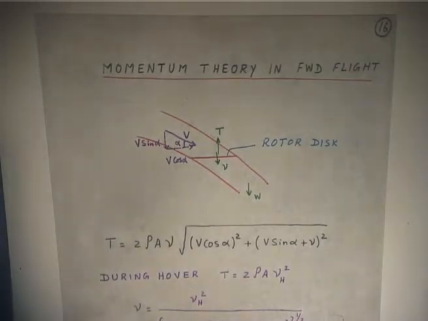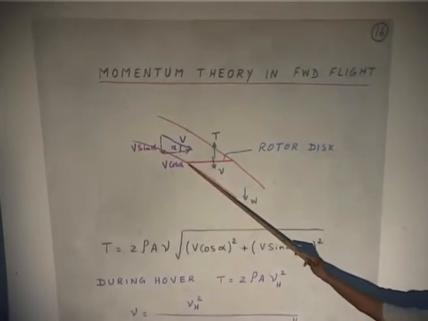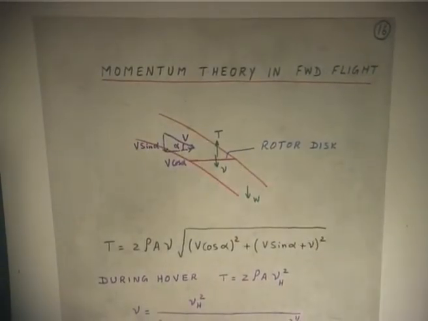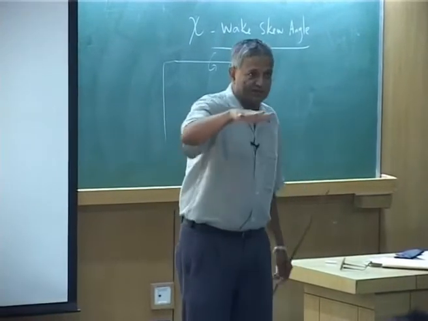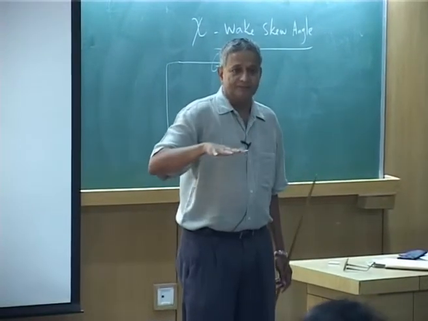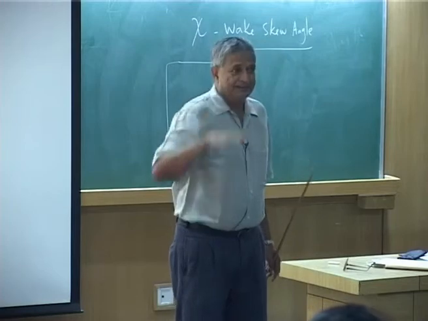How the inflow? Simple, as you see, this is my rotor disc. Okay. My rotor disc, for the sake of generality, is moving forward and up, please understand. It is not just going only horizontally, it is also flying up.